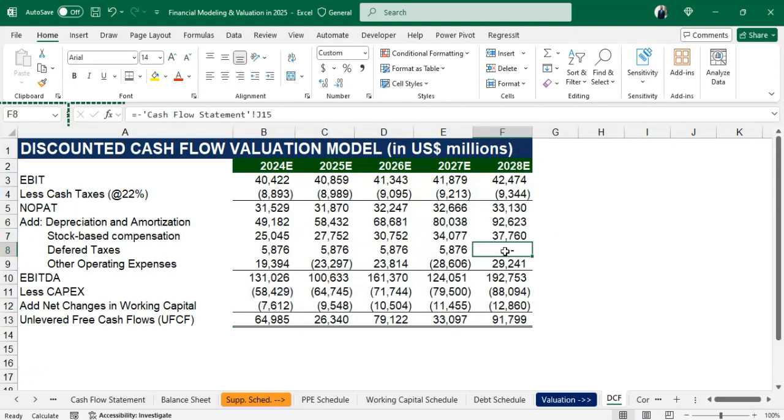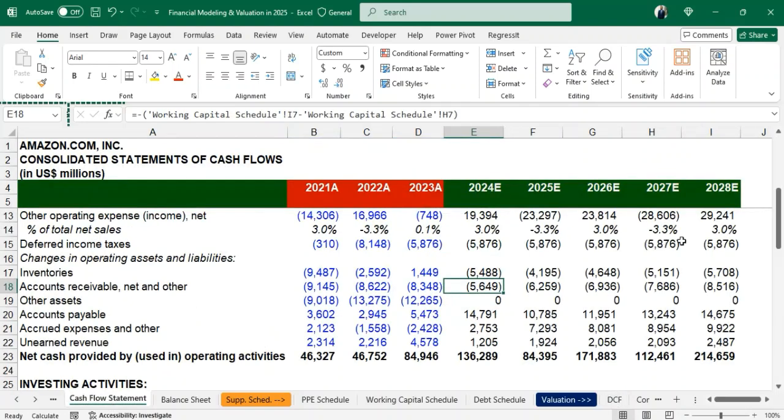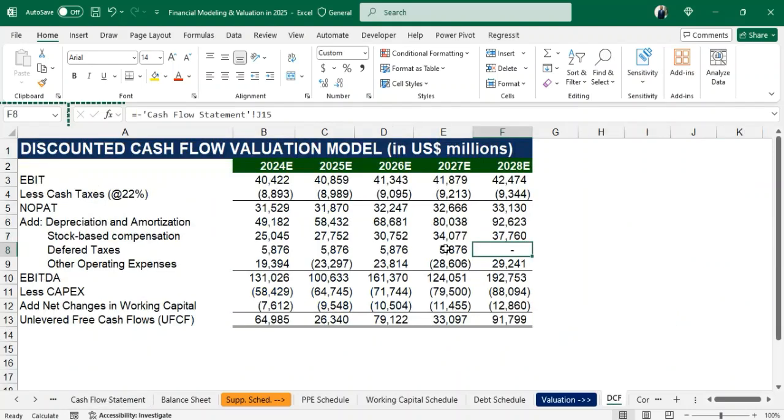All right, so we have dash for deferred tax. That shouldn't be so. So let's go to our cash flow statement and see what is happening there. Our deferred taxes. So let's come to the DCF and correct that.